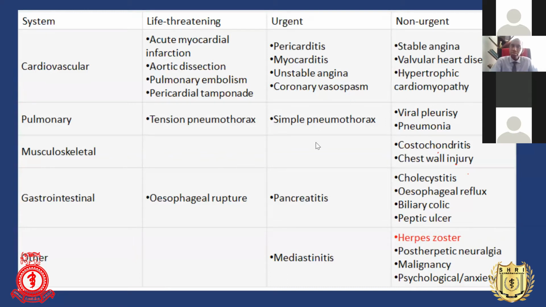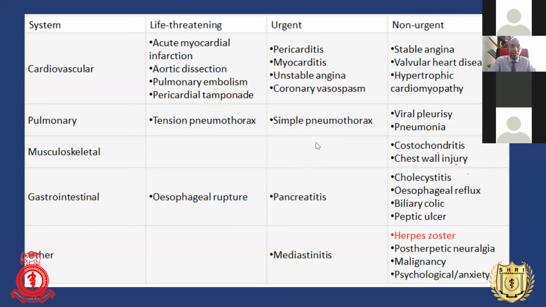And there are some urgent conditions which should be identified, like pericarditis, unstable angina, simple pneumothorax, pancreatitis. Even though they are not immediately life-threatening, they have to be managed. And there are some non-urgent causes as well. We will go through these diagnoses as much as time permits, and see how we can minimize errors.